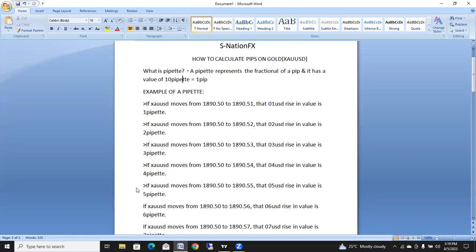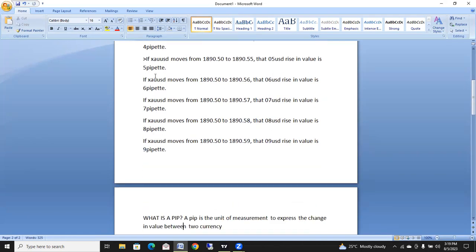And if gold moves from 1890.50 to 1890.55, that 0.5 rise in value is 5 pipettes. If gold moves from 1890.50 to 1890.56, that 0.6 rise in value is 6 pipettes.